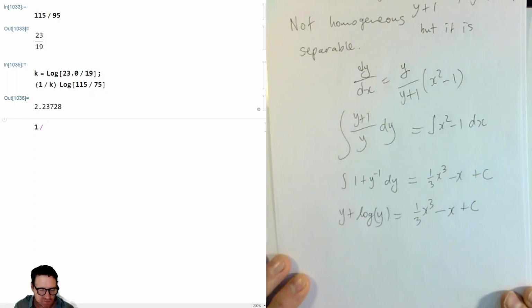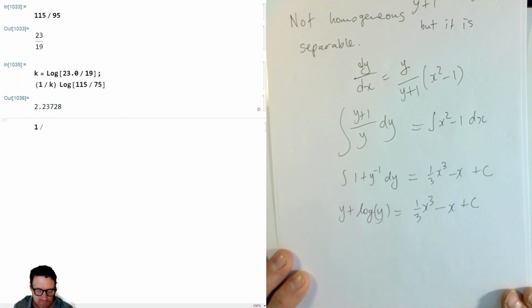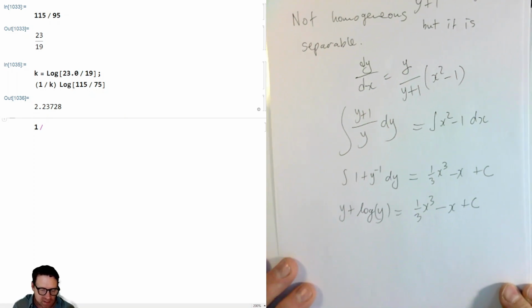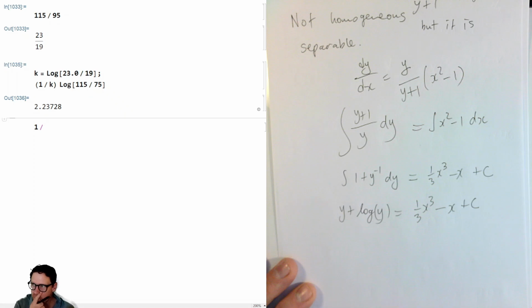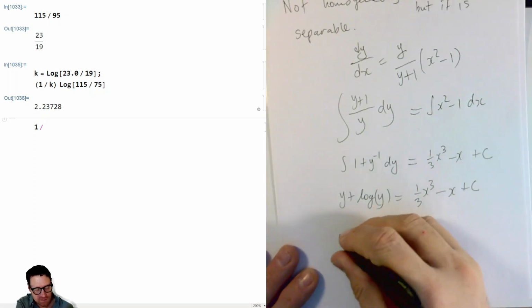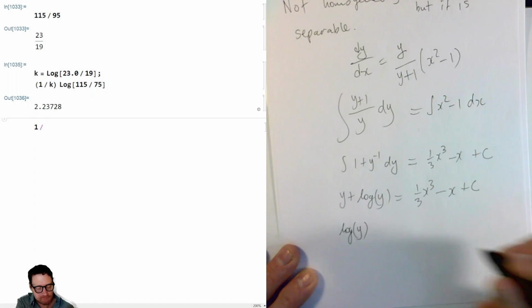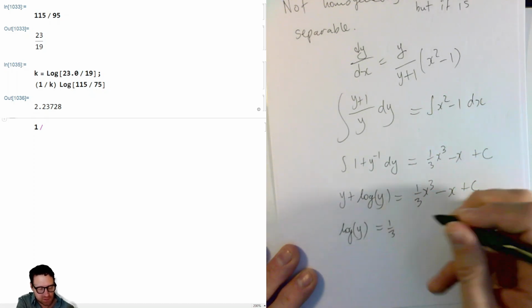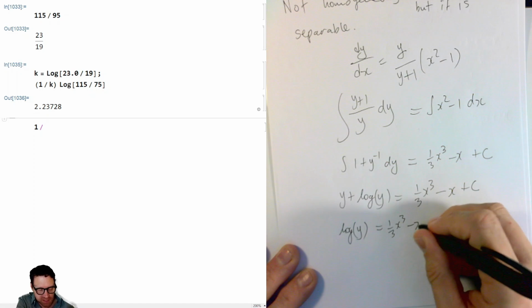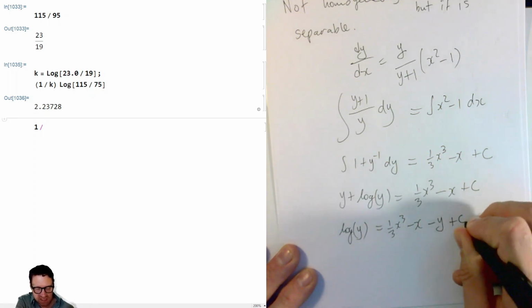Now let's use our initial value. But when we sub in a minus 1, we'll want to be a little bit careful, won't we? Okay. So let's rewrite this as log y equals 1/3 x cubed minus x minus y plus c.